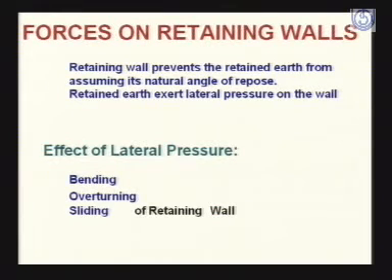Means under the effect of this lateral pressure, either the wall will bend, it may overturn, or it may slide. So these are the three basic actions that are expected under this lateral earth pressure.